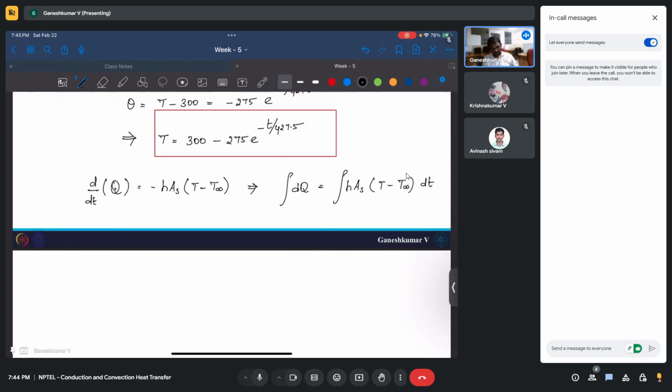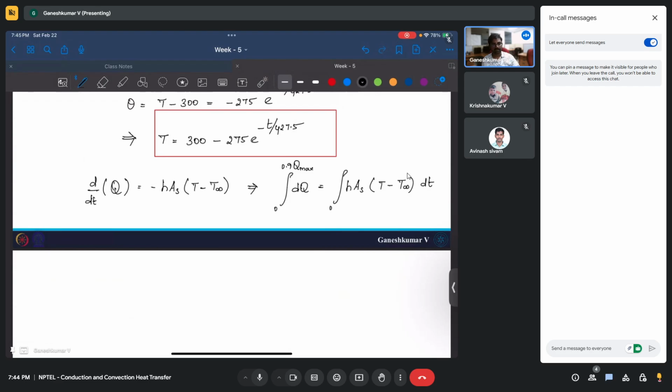Now how much do I need to know? Initially I will be at 0, and I need it to be 0.9 times Q max. Here we know how temperature changes with respect to time.